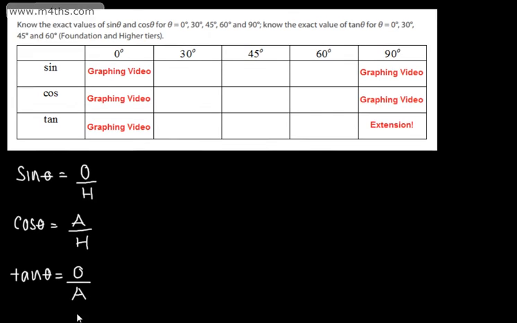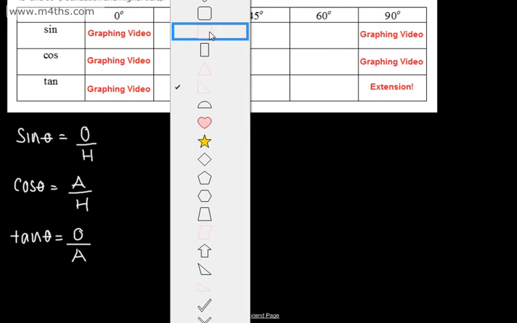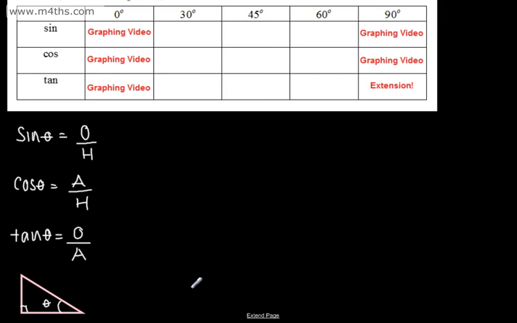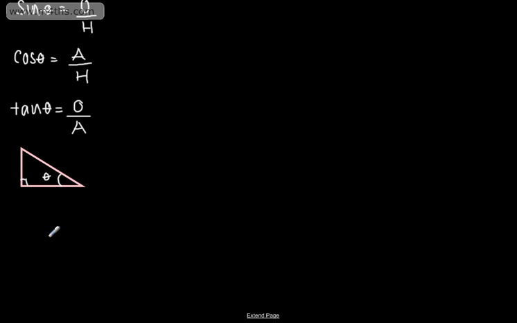So let's go ahead and look at that in a triangle. If I draw up a right angle triangle, we will have something that looks like this. I put the right angle here, and this one right here is going to be the angle theta. Relative to the angle, this is the opposite, this is the adjacent, and this is the hypotenuse.